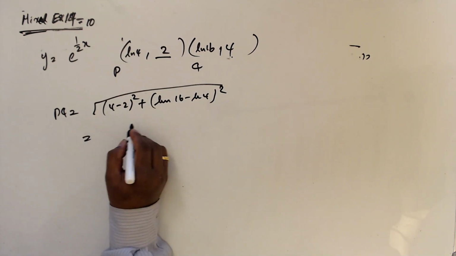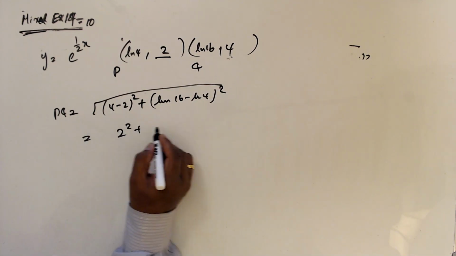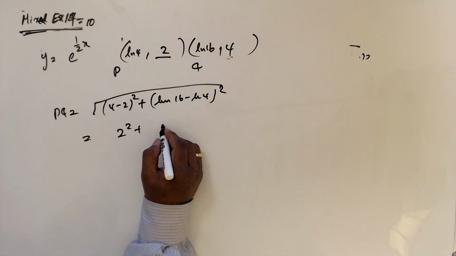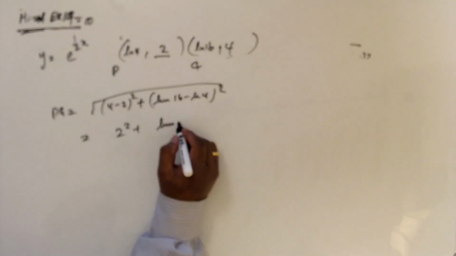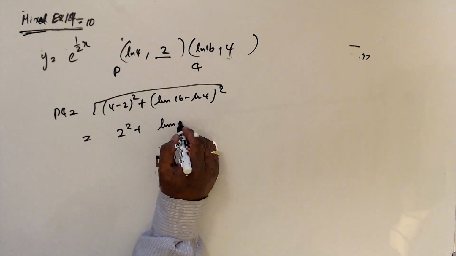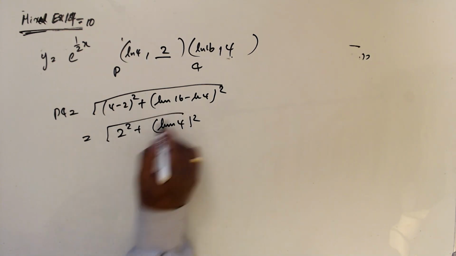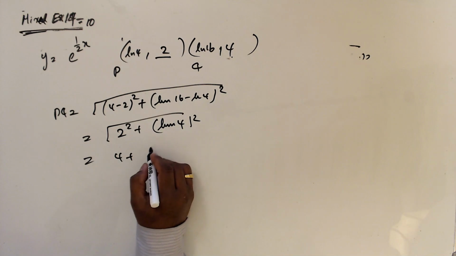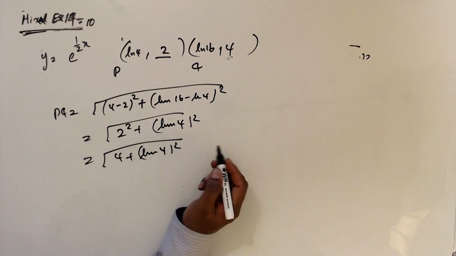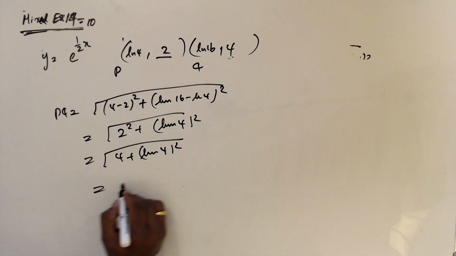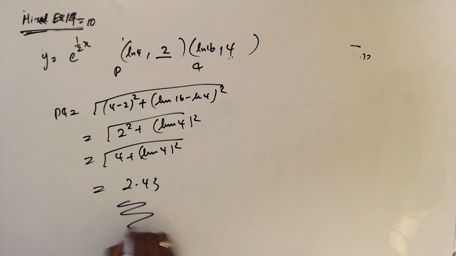So this is going to be 2 squared plus ln 16 minus ln 4 squared. So 4 plus (ln 4) squared, under the square root, and you'll get about 2.43 approximately.